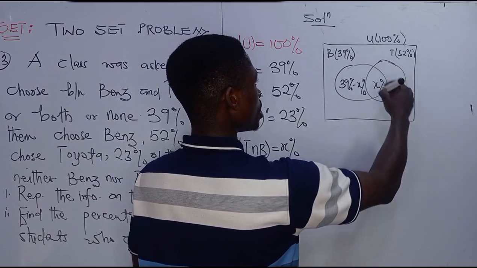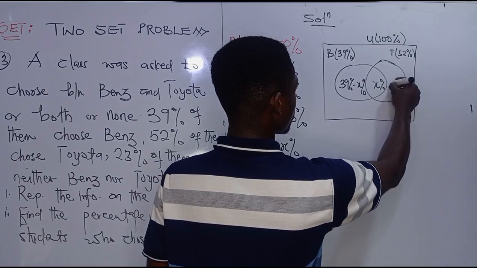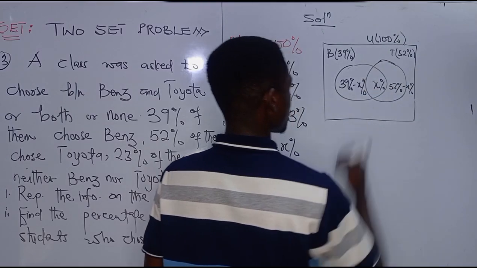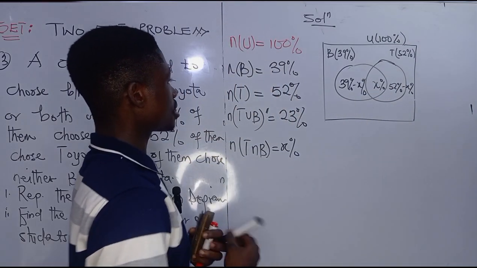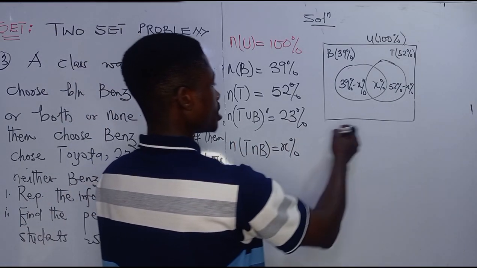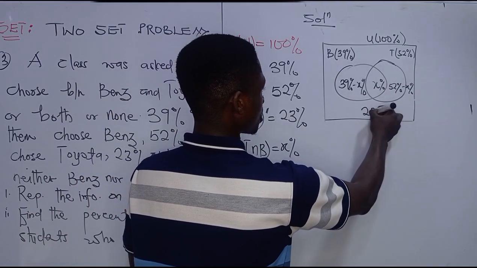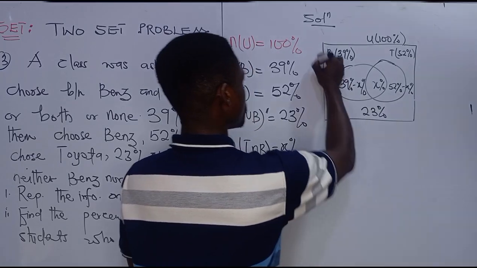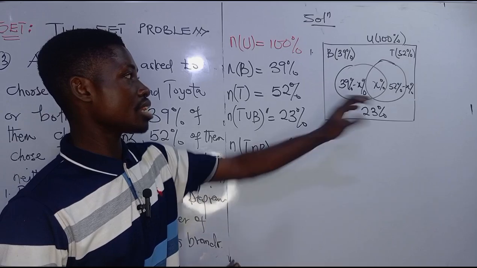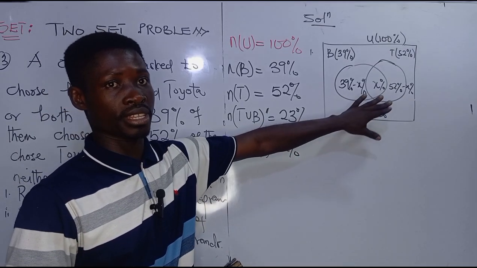And then Toyota only, we are going to have 52% minus X%. And then the number of students who did not choose any of these brands, we have 23%. Good. So we are done representing this information on the Venn diagram.